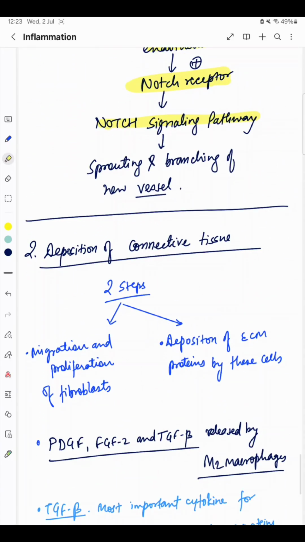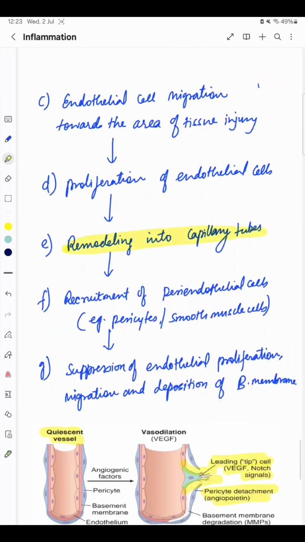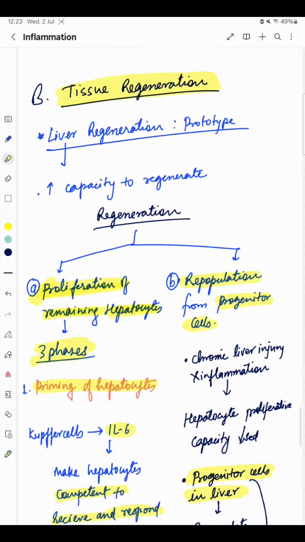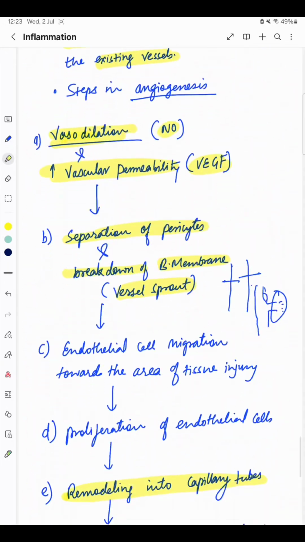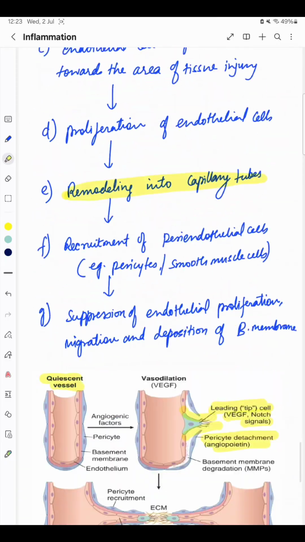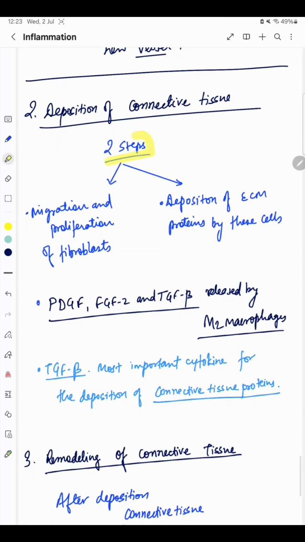Now the second stage. As we have covered angiogenesis, the second step in granulation tissue and scar formation is deposition of the connective tissue. There are two steps in deposition of connective tissue. First is migration and proliferation of fibroblasts.